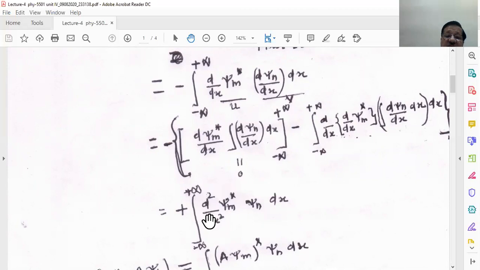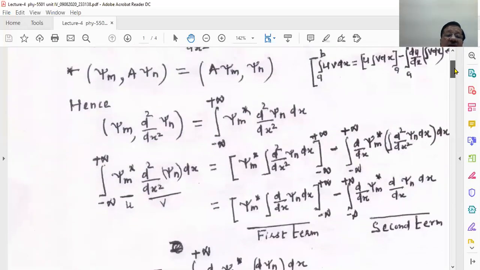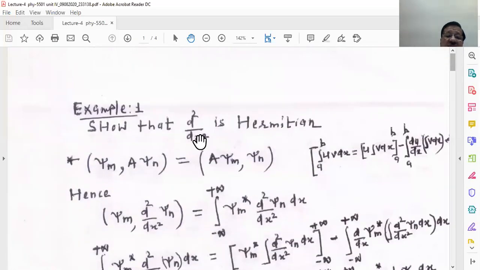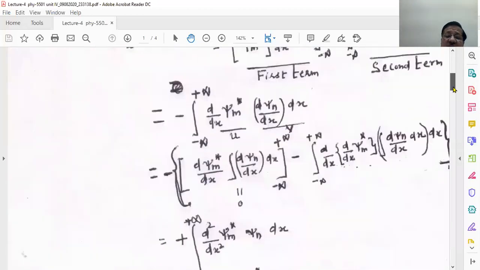So this is the integral of d square by dx square psi m star psi n dx, and this d square by dx square is our operator, which we have considered as A. This is our operator A, which we would like to test, this operator d square by dx square. So look at this term again, and please try to understand.